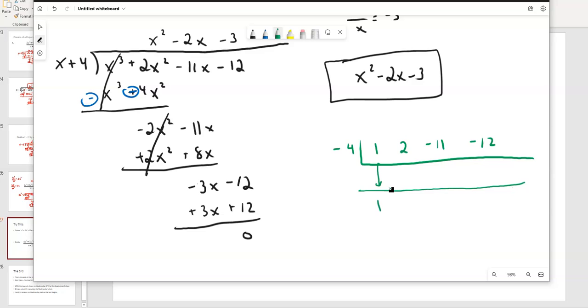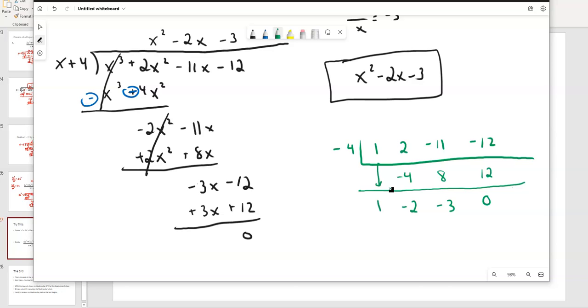Bring down the 1. Multiply the negative 4 times 1, and I get negative 4. Now add the 2 and the negative 4, I get negative 2. Now take that negative 4 times negative 2, I get positive 8. 8 minus 11 is negative 3. Multiply negative 4 times negative 3, I get positive 12.